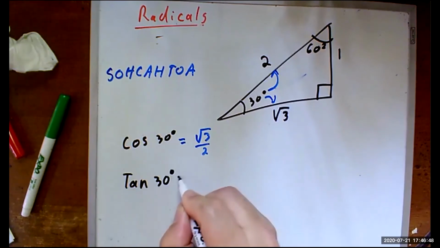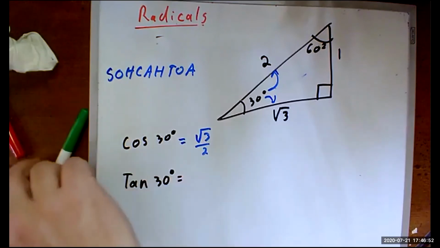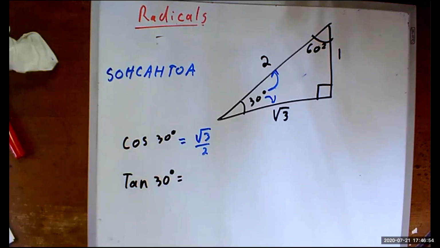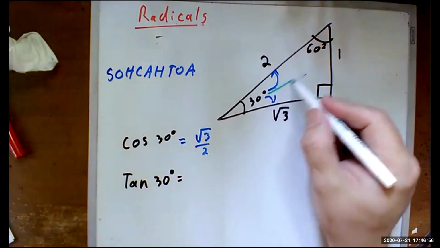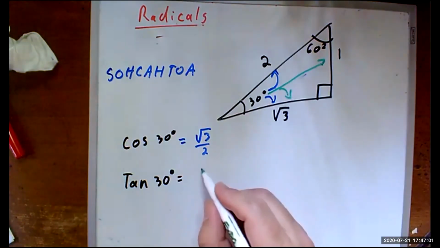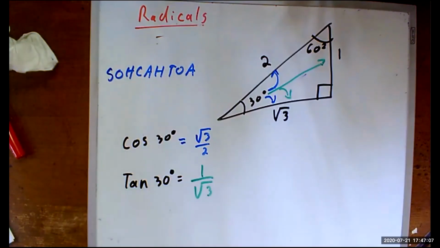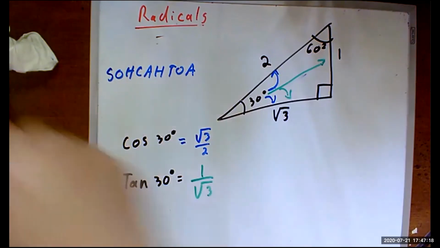But let's say I'm dealing with the tangent of 30. Tangent is opposite over adjacent. So now, that's my opposite, that's my adjacent. So I end up with 1 over square root of 3. And that's what we're not allowed to have, that square root of 3 on the bottom.